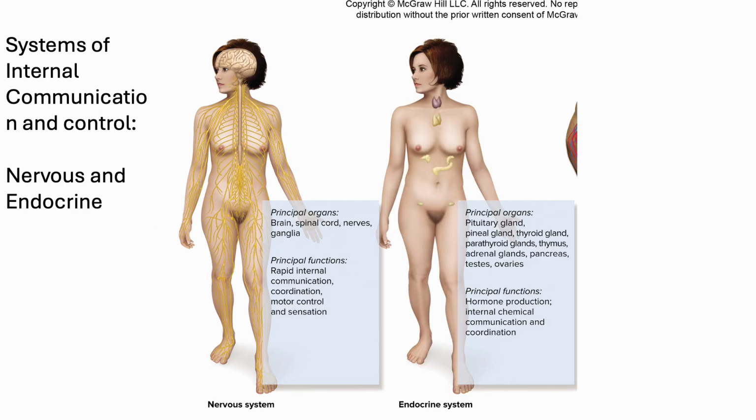We also have your nervous system made up of the brain, the spinal cord, nerves and ganglia, and the endocrine system is made up of your pituitary gland, your pineal gland, this very small gland located in the brain, your thyroid, your thymus as well. We have our adrenal glands superior to the kidneys, the pancreas, the testes, and the ovaries.